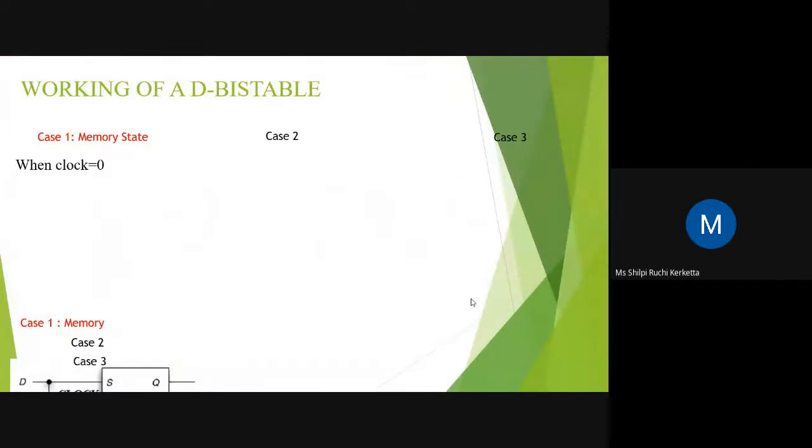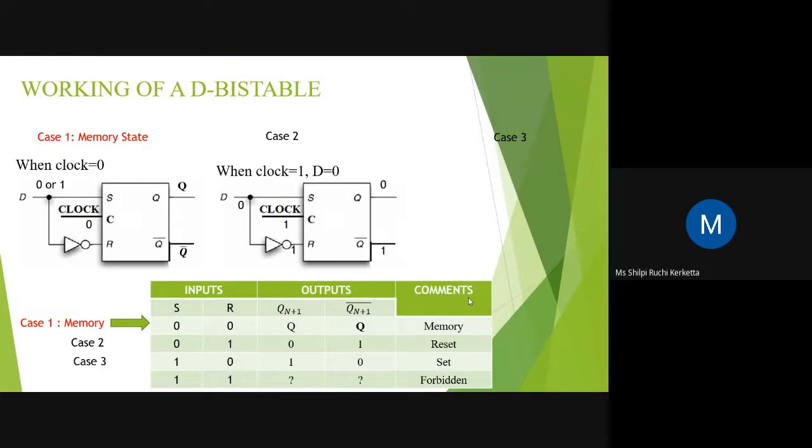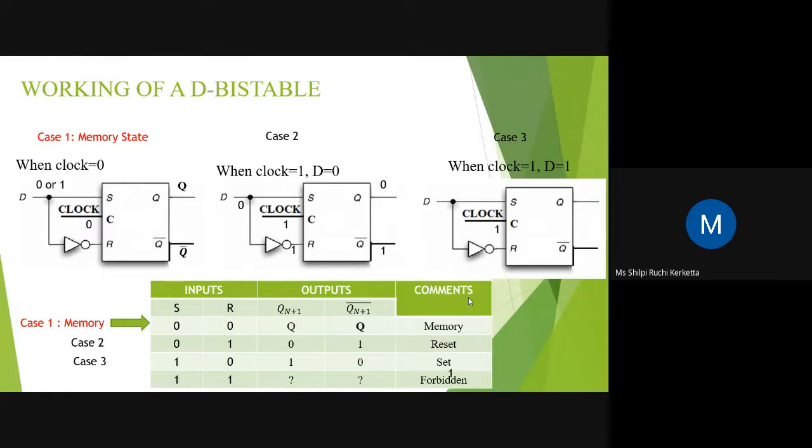Any doubt on how the D bistable works? So this is D bistable, but here also we have decreased the inputs.